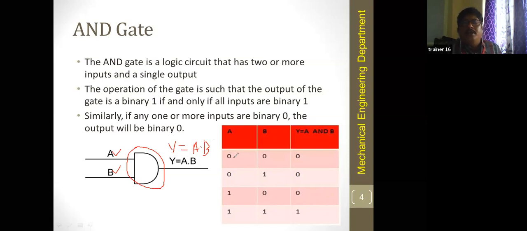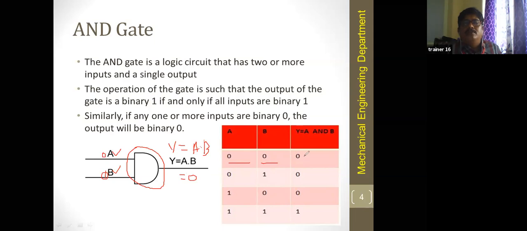So here, if you take binary inputs, for example A is 0 and B is 0, both are 0, then 0 into 0, the output is nothing but 0, right?